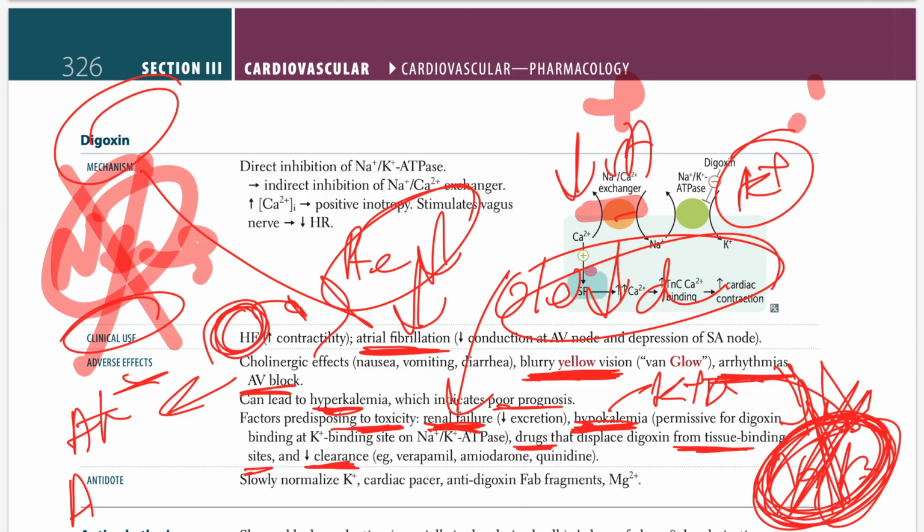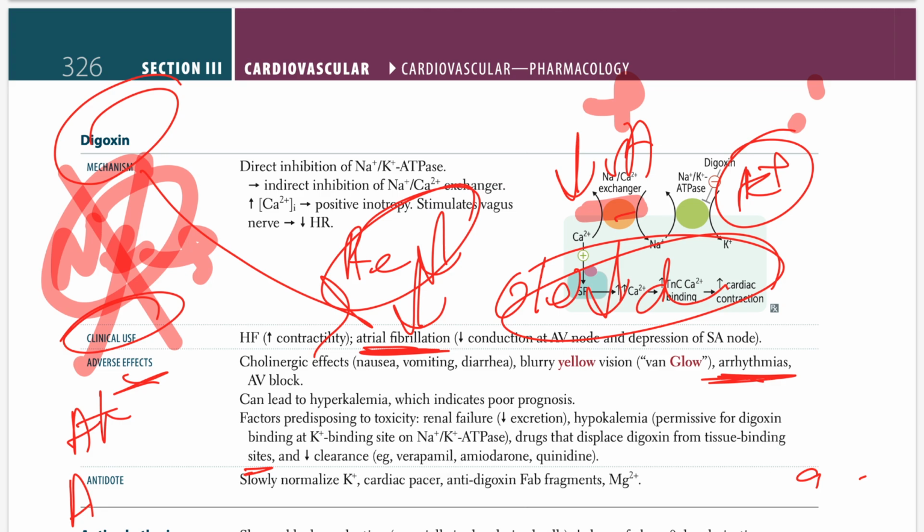What are the drugs that decrease clearance of digoxin? Those are verapamil, amiodarone, and quinidine. One more important point is your diuretics, which decrease potassium. Diuretics decreasing potassium, causing hypokalemia, will also cause toxicity of digoxin.